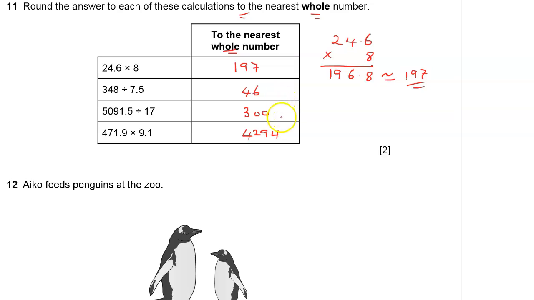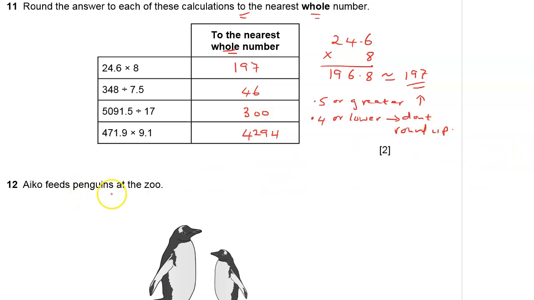Likewise, you do the operation for each other, and then you round it off to the nearest whole number. If the number is 0.5 or greater, you increase. If the number is 0.4 or lower, you don't round up.